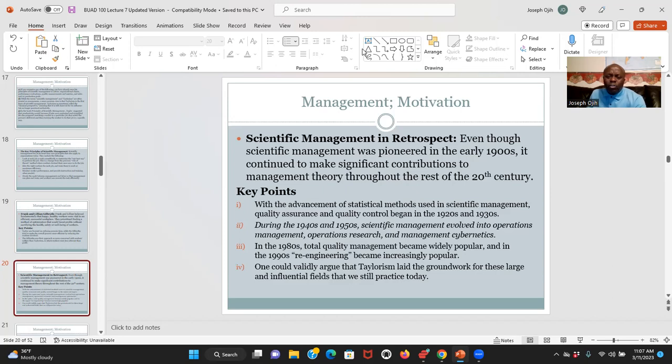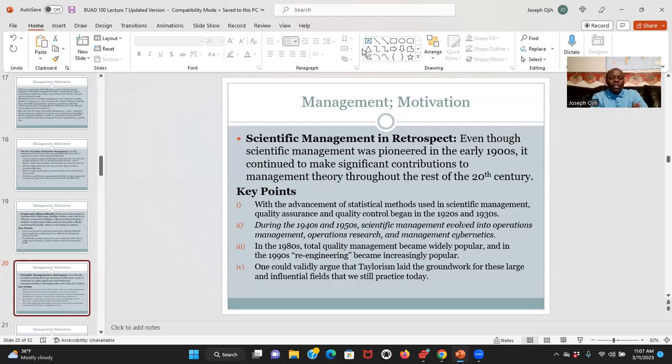As we know, we have made a lot of advancements worldwide in statistical methods that we use to make decisions and run a business. Things like quality assurance and quality control began in the 1920s and 1930s, and this continues to be paramount when it comes to competition for customers.